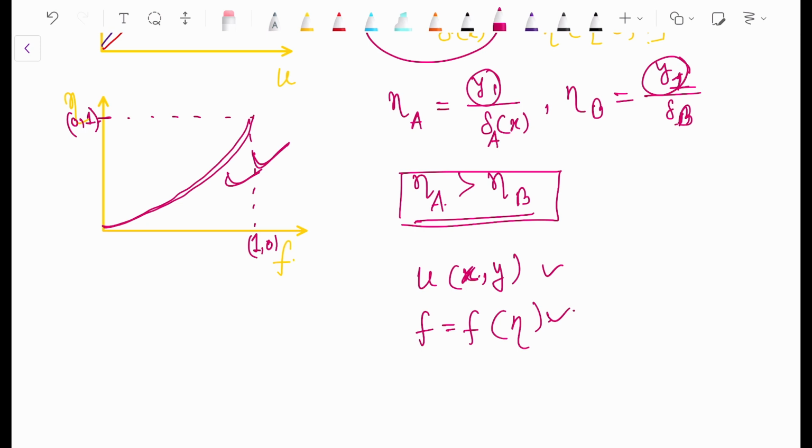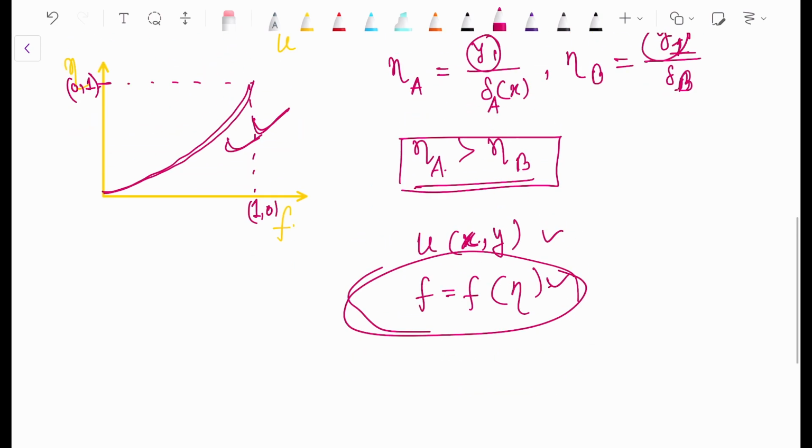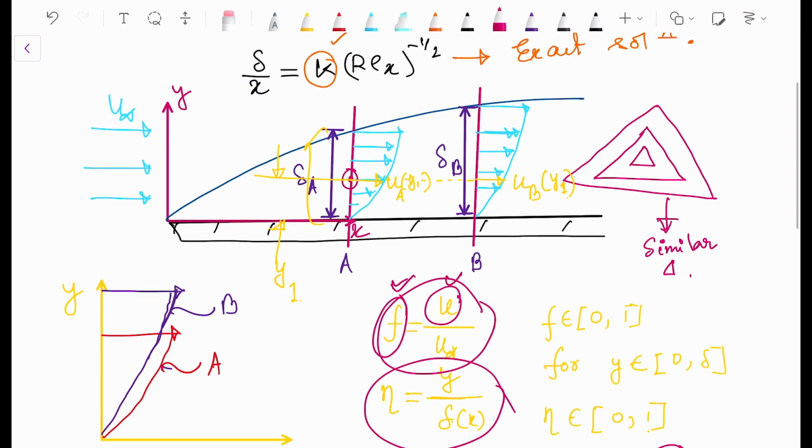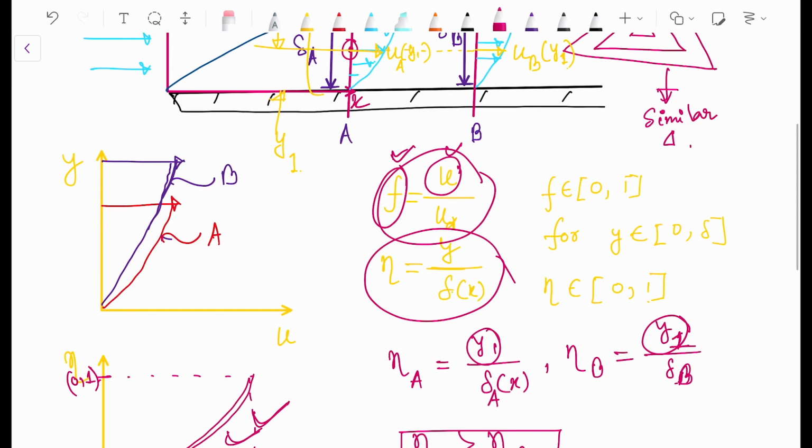If I am able to convert my PDE to an ODE by applying this transformation, then I will say that the similarity solution exists for that problem. So this was the philosophy of similarity solution.